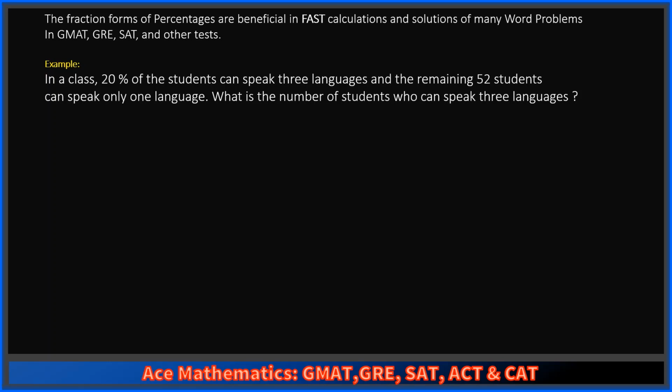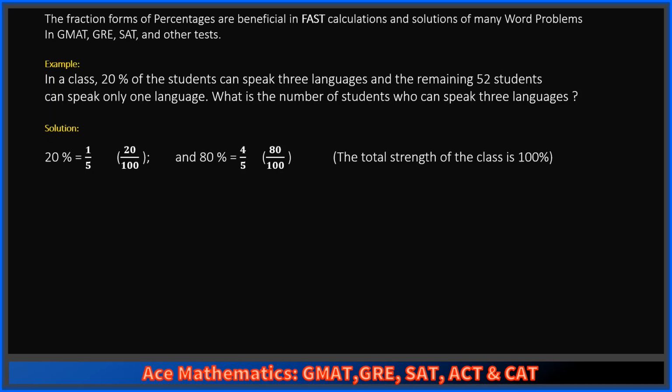Solution. 20% of the students can speak 3 languages. 20% is equal to 1/5. And the remaining 80% can speak only 1 language. 80% is equal to 4/5.